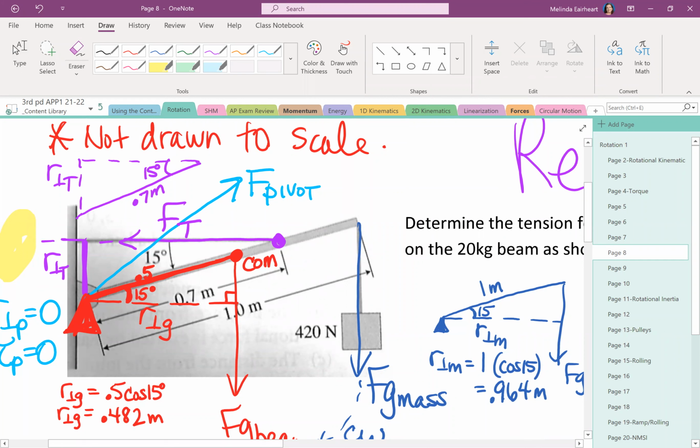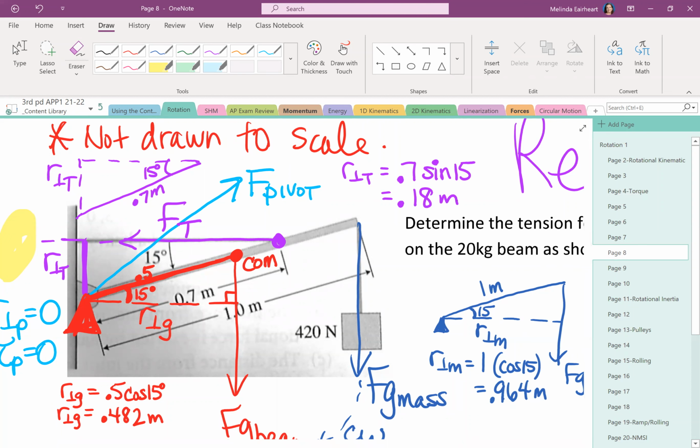Now what trig function do we use? Sine. And so our perp for tension is going to be the hypotenuse 0.7 times, this time, sine 15. And 3 decimals. Let me know what you get. 0.18 is fine. Meters.